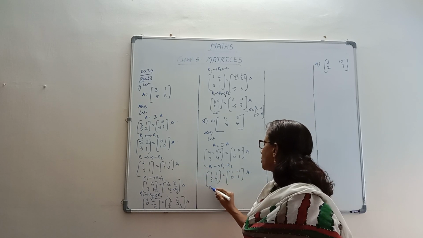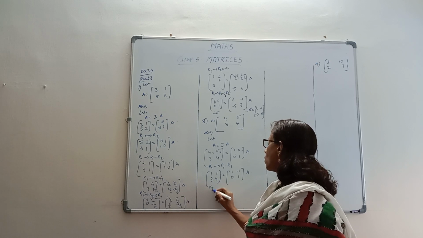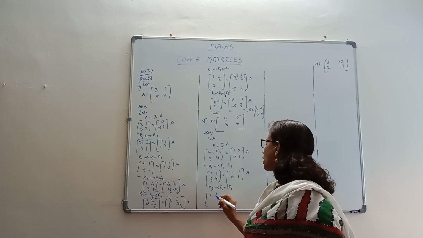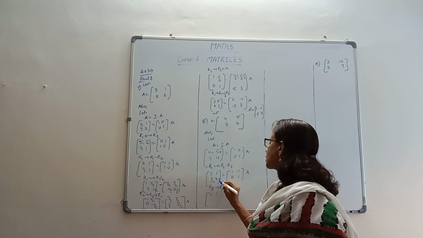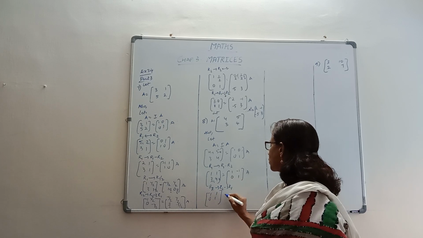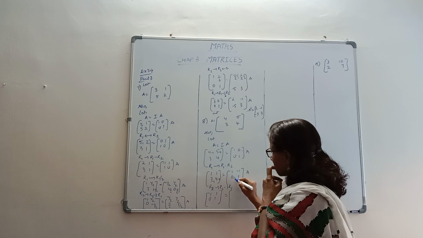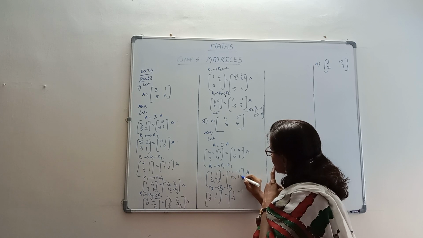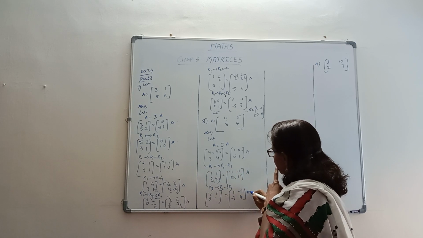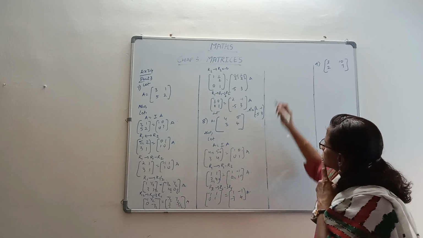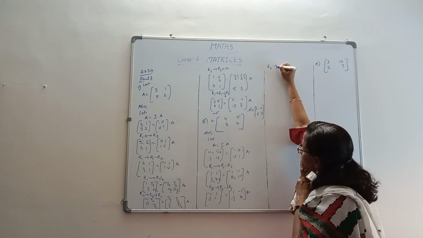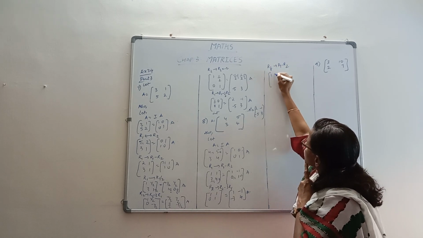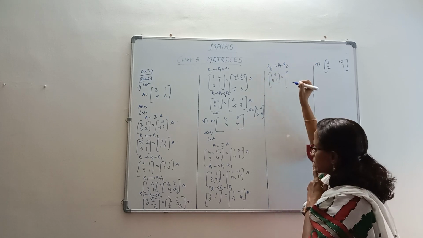Then you get R2 operated, you have 3 R1, so what will come? 1 1 minus 3 minus 3, so it is 0 and 1. Right away you have got this also. Here it is minus 3 R1, so it is 1 minus 1 minus 3 plus 3, so 4. Now you get a 0 here, so R1 operated by R1 minus R2 can give it 0, so you have 1 0 0 1, and see what is happening here.